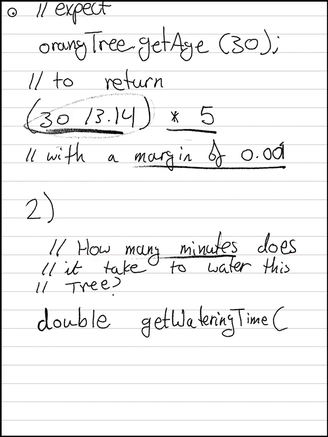Yes, exactly. So we know that the input is going to be the circumference because that's the only thing that changes about the tree. Everything else exists in the field. And then the output is going to be another number that's going to be a double.